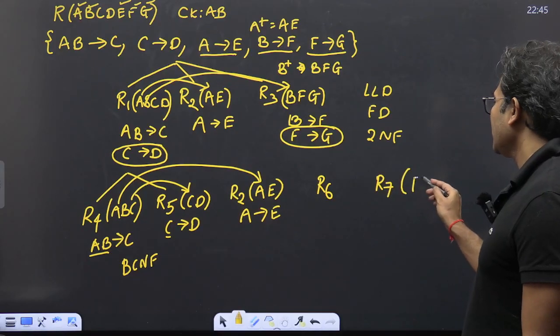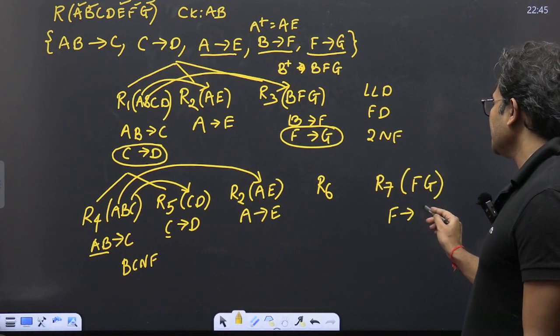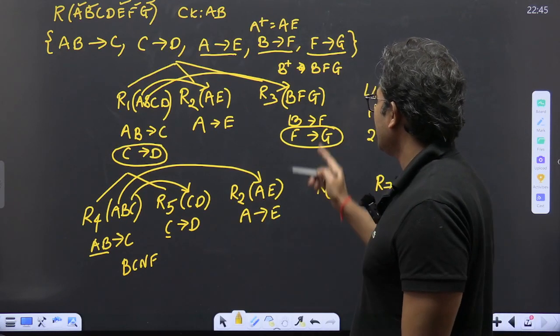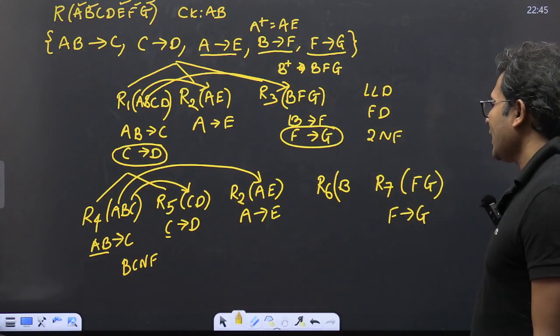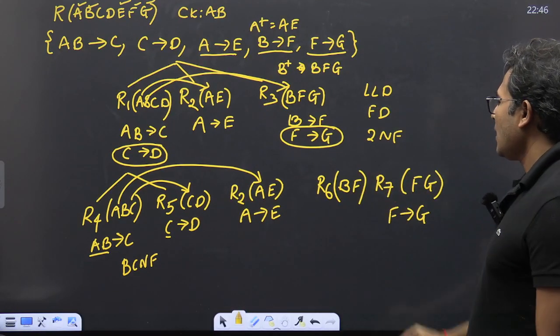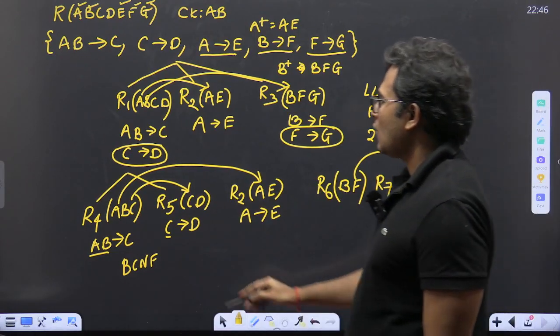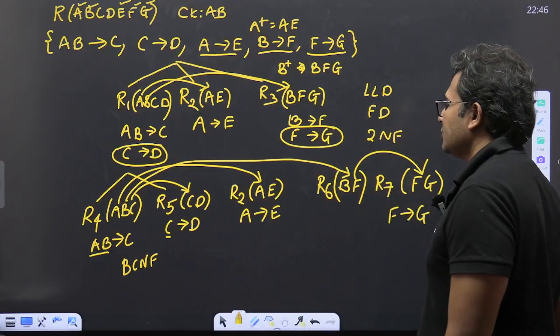So we are going to get FG here, and F determines G, and R6 is going to get FG over B, and the common attribute should be a candidate key as I told you. Therefore, F. Now this F will be referring to this F. Now this B will be referring to this B, right?